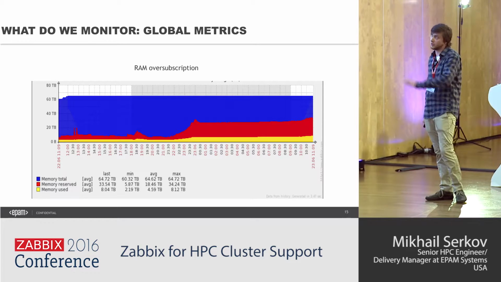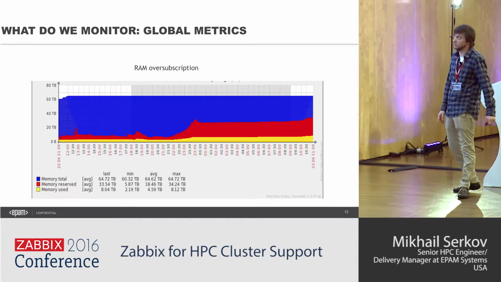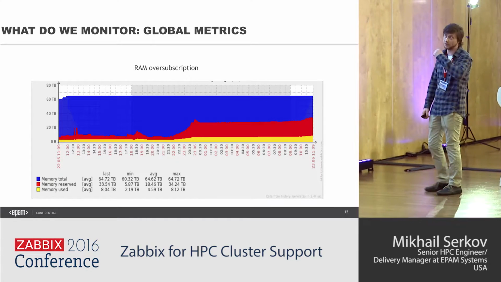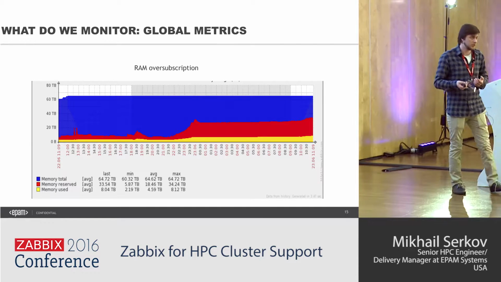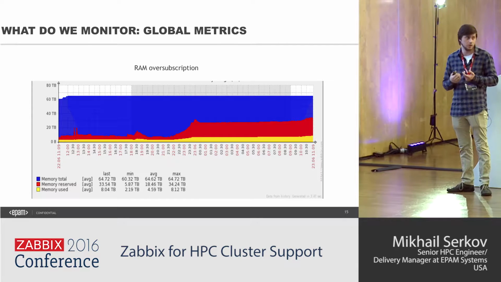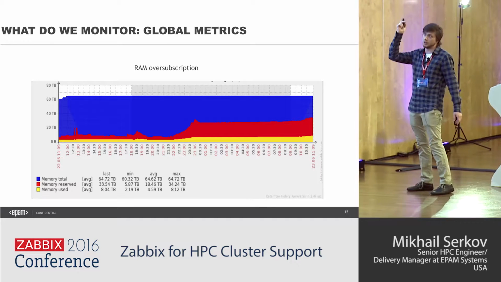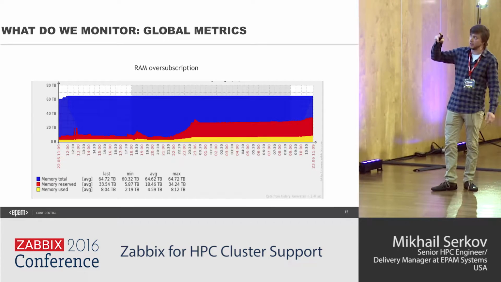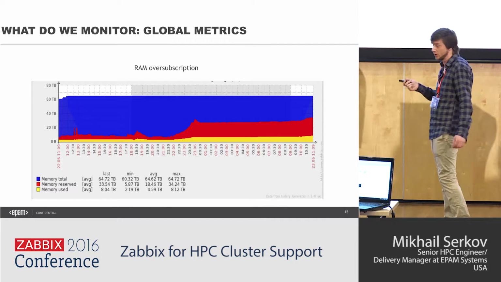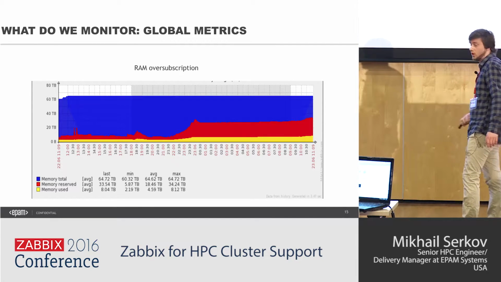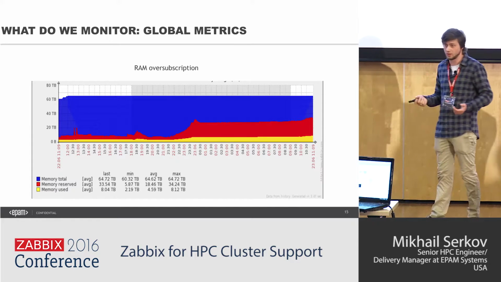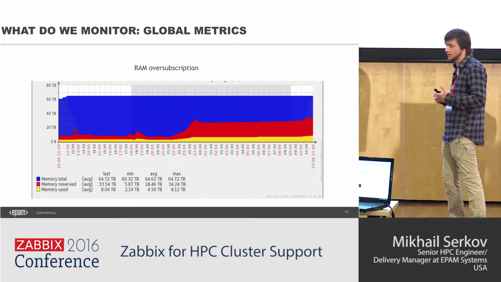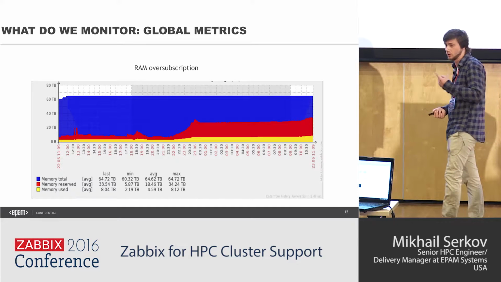This is a perfect example of how we use Zabbix and how we can prevent some issues. The same as CPU, we can see how much RAM is actually in use. The red is how much RAM is reserved. The yellow is how much RAM is actually in use. And if these values are too different, we have to check who it was. Someone just says, okay, I need 10 GB of RAM, but uses only 1.